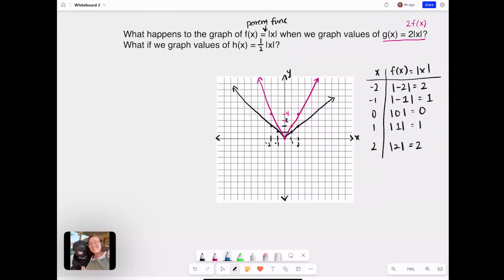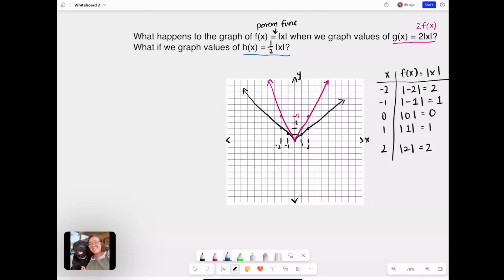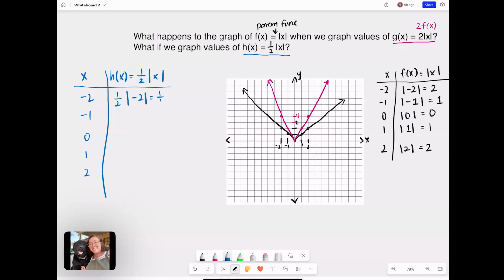So now what would happen if we did the same thing with 1/2? So let's use h of x, 1/2 absolute x. So -2, -1, 0, 1, 2. And we're looking at 1/2 absolute -2. Well, that's 1/2 times 2.